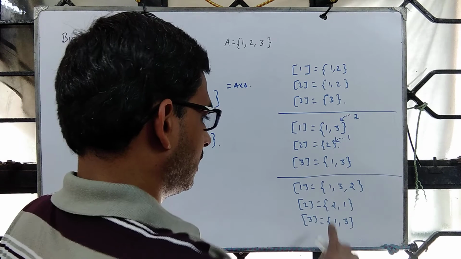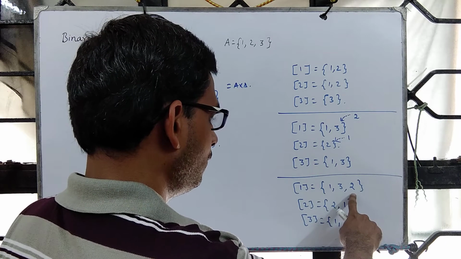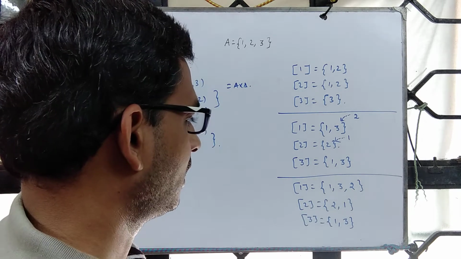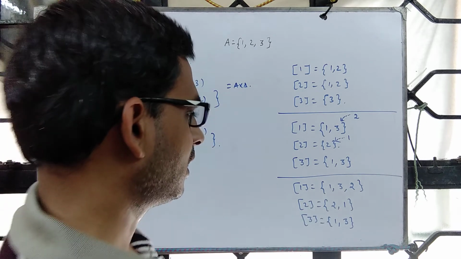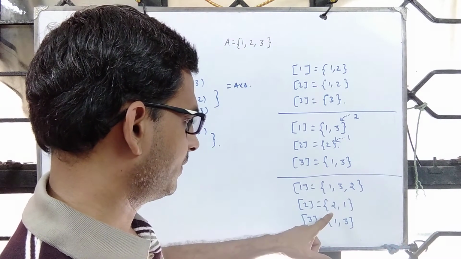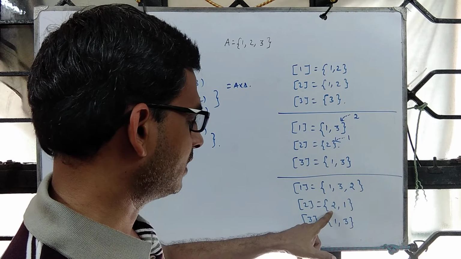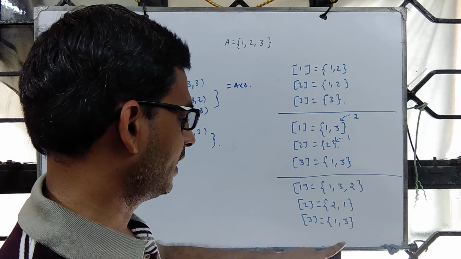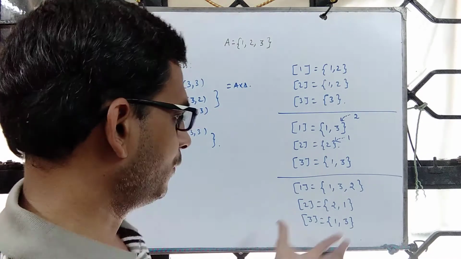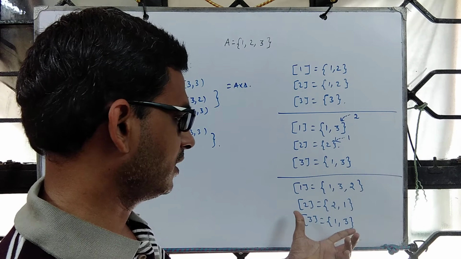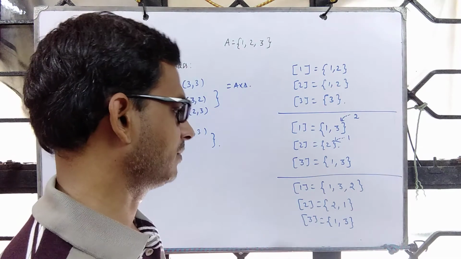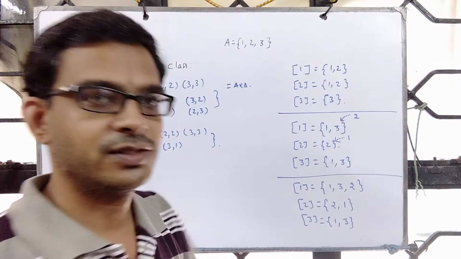What else? Now look at 2. 2 is present in 1 and 1 is present in 2. Now is this satisfying what we want? Okay. But there is a gap. You see that 3 is missing here, and you see that 2 is missing here. If you look at the underlying relation, we observe that this is not an equivalence relation. Okay, let's look at that.